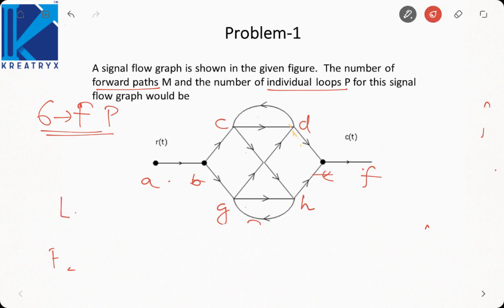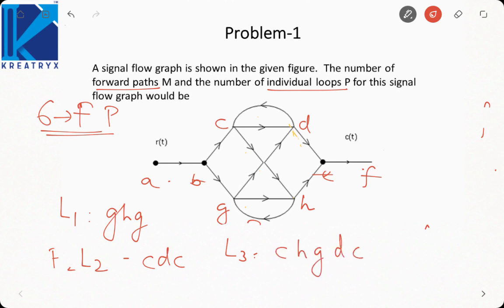So we will say L1 like this, G, H, G; L2 similarly, C, D, C; then L3 would be C, H, G, D, C. Only these 3 loops are possible.